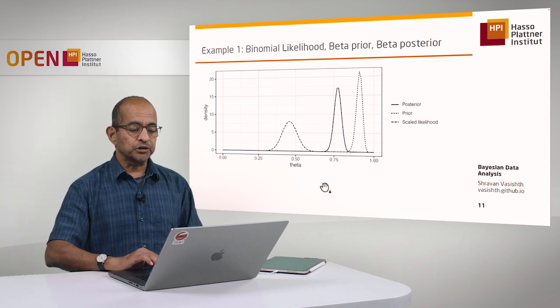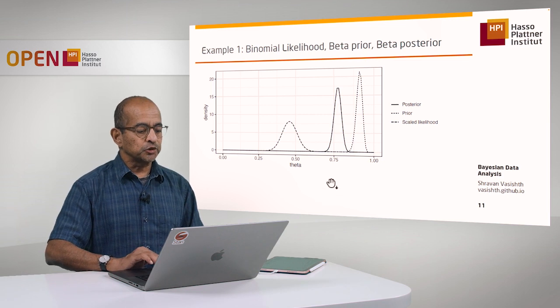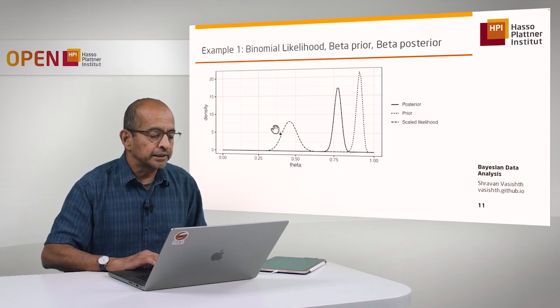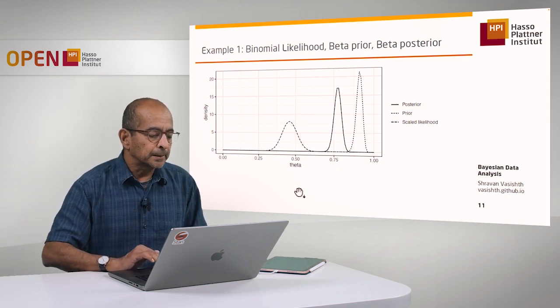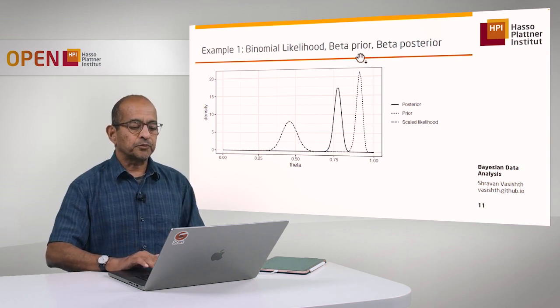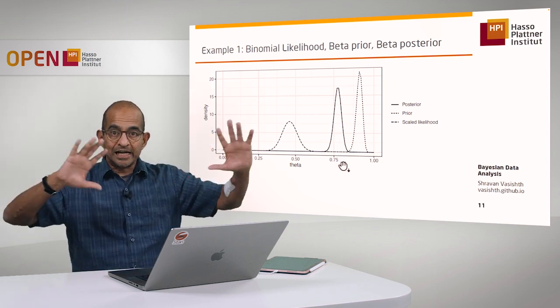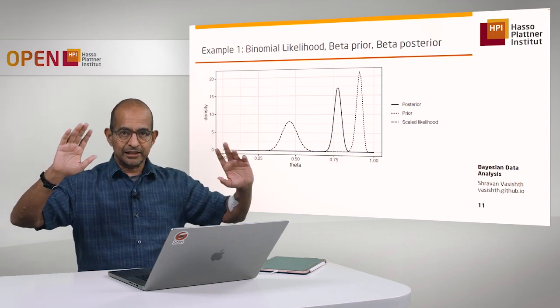The prior distribution is this one here, and this is the scaled likelihood. The posterior is going to be a compromise between the prior and the likelihood.